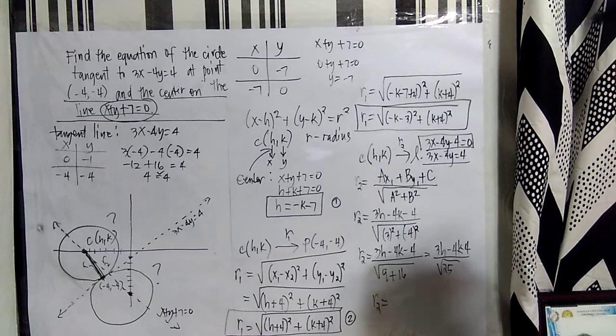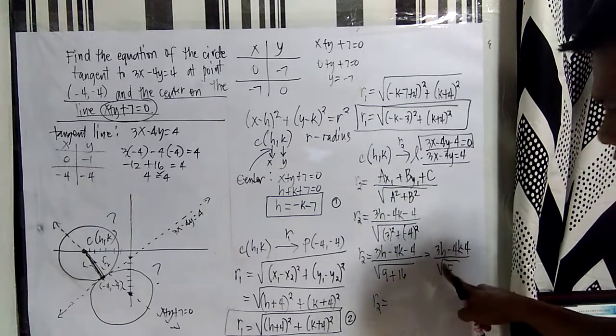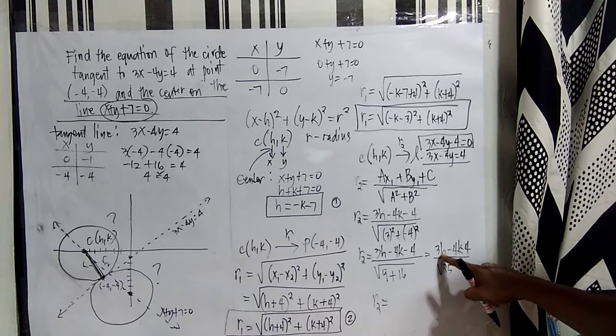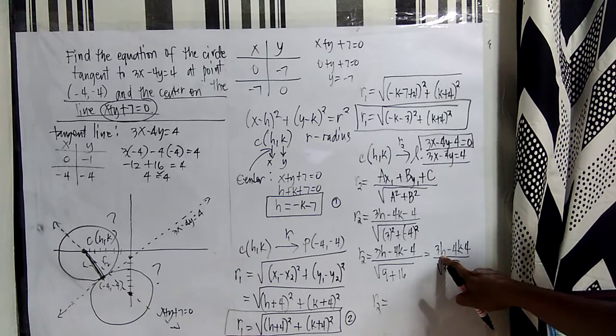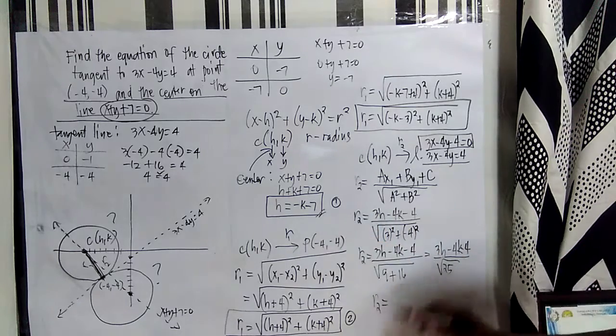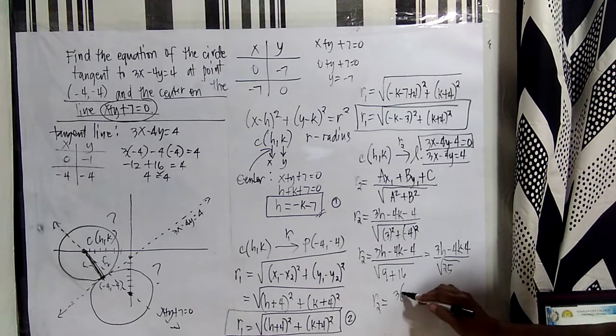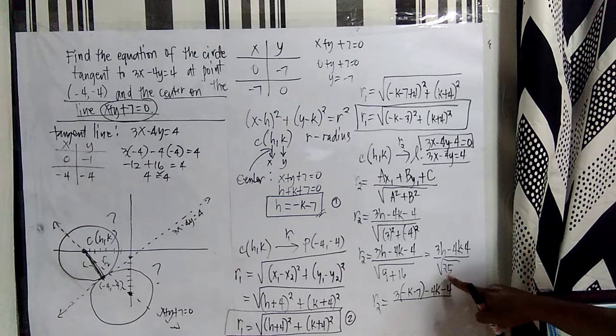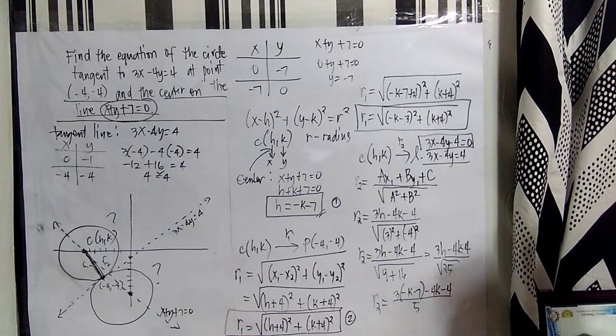For our r sub 2, para makuha natin yung ating r sub 2, makikita nyo meron tayo ditong in terms of h. So para matanggal yung h, palitan ulit natin siya nito. That is 3 times negative k minus 7 minus 4k minus 4 over the square root of 25 is 5.